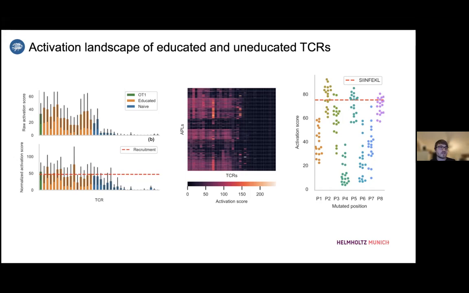And this is very much in line with what we know about this peptide, because these positions are anchor points and are buried in the MHC molecule, so they are not exposed to the T-cell receptor. Whereas position 4, for example, is known to interact with the T-cell receptor.